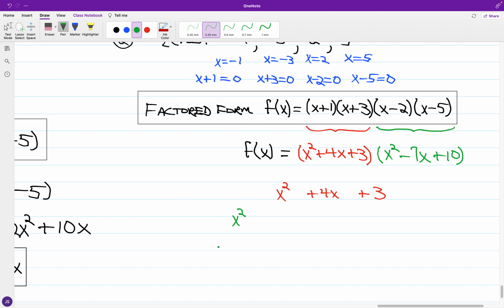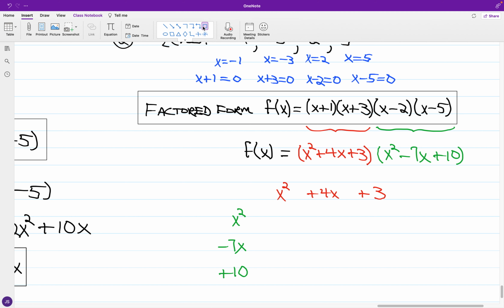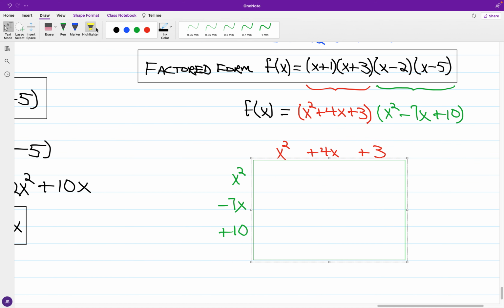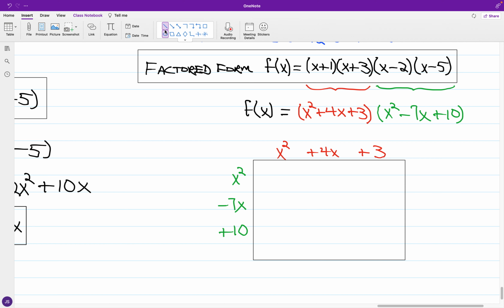And you have x squared minus 7x plus 10. I'm just going to partition this.